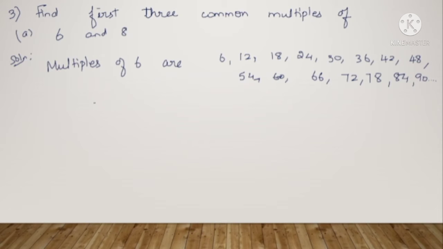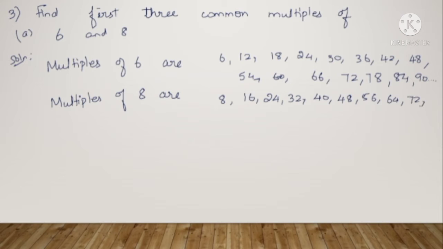It goes on. Now we have to write the multiples of 8. 8 1s are 8, 8 2s are 16, 8 3s are 24, 8 4s are 32, 40, 48, 56, 64, 72, 80, 88, 96 and so on.